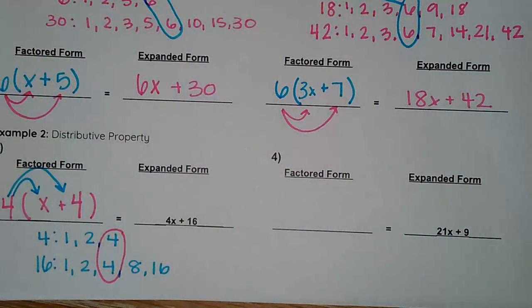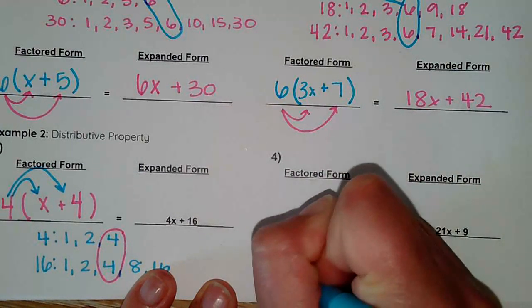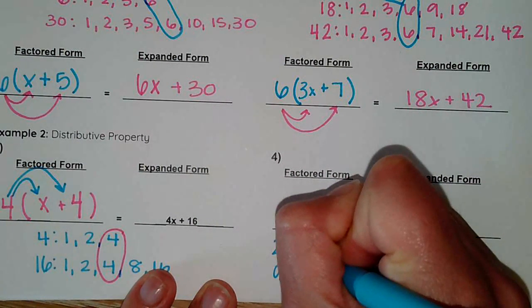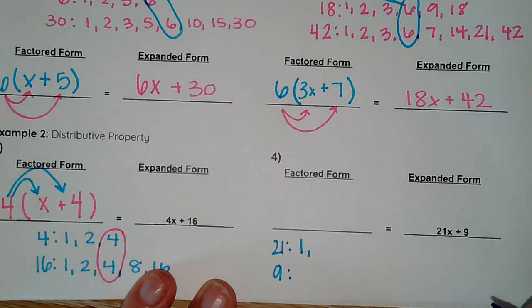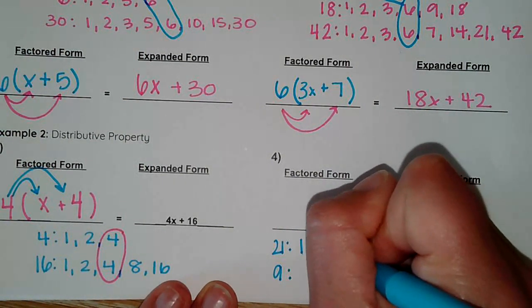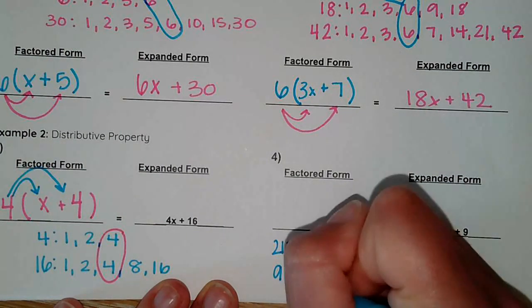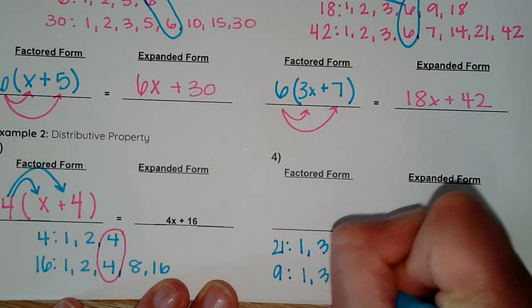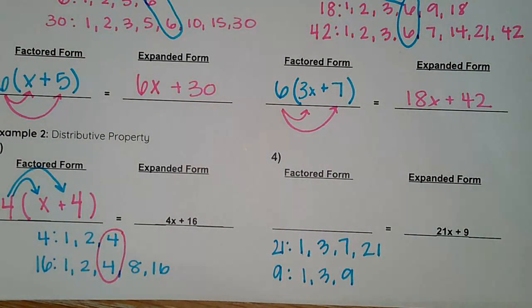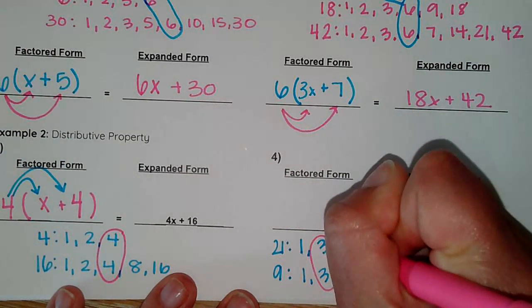Again, I can write out my list of factors. For 21, I have 1, 3, 7, and 21. And then for 9, I have 1, 3, and 9. The greatest factor that they both have in common is 3.